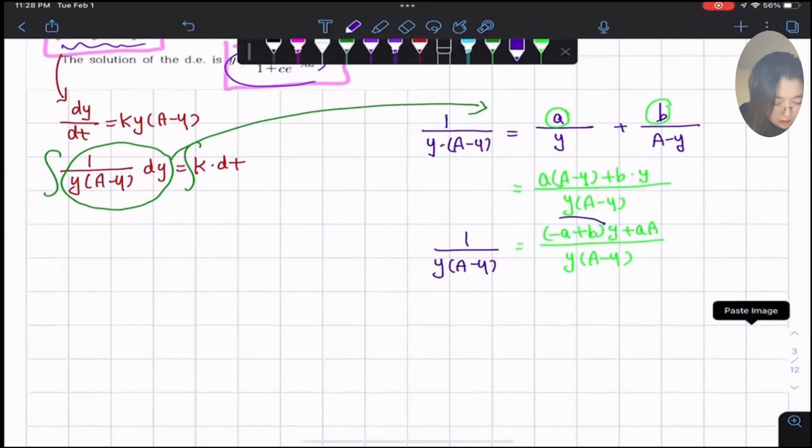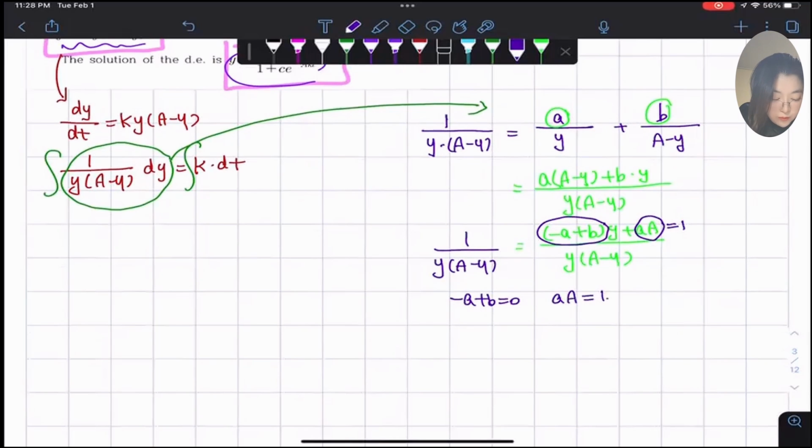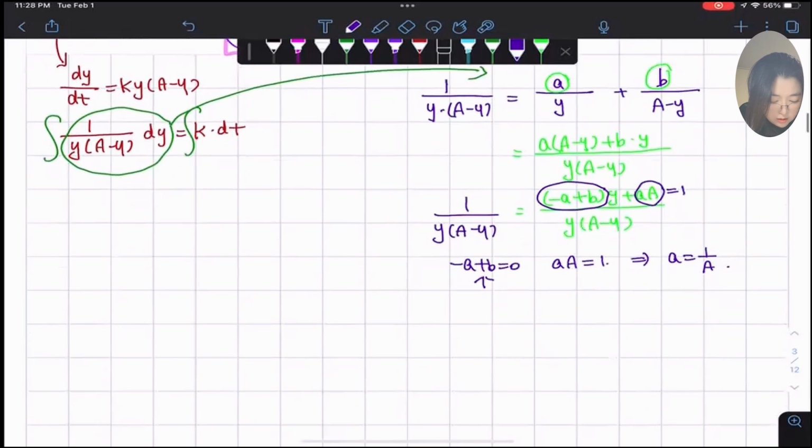So there is no coefficient of y, so minus a plus b equals 0. This part is 1: small a times large A equals 1. We should find small a and small b, so a equals 1 over large A. By using this equation, a equals b, so b equals 1 over large A.